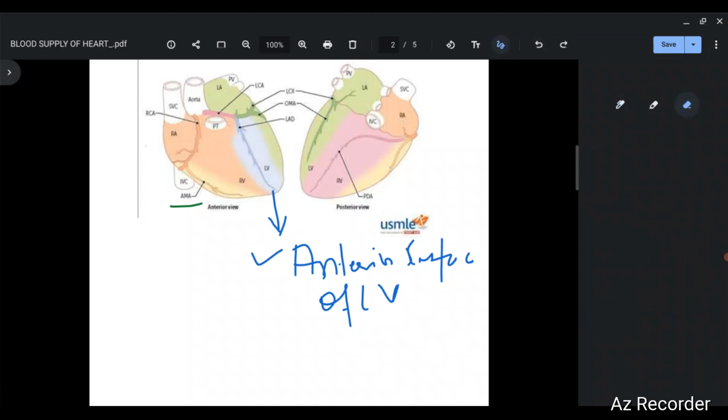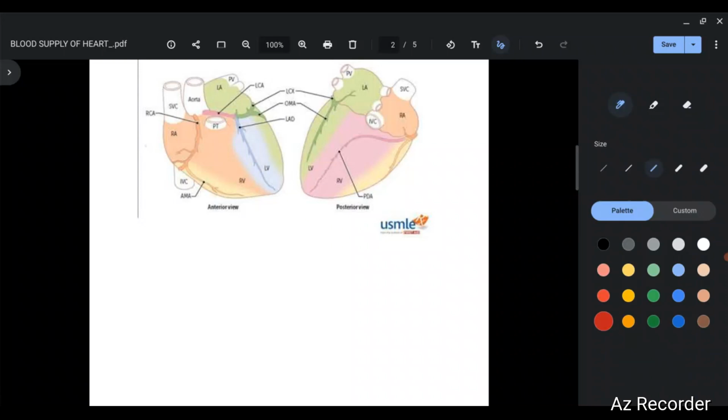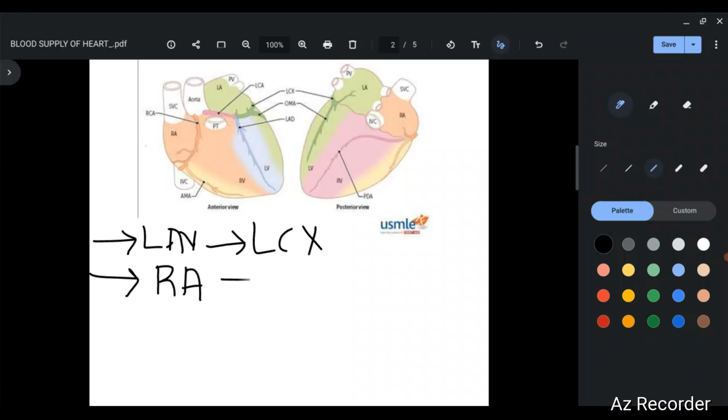Amazing. Now answer some of my questions. Which artery lies in your left atrioventricular groove? Yes, it's your left circumflex artery. What's the area of supply of the left circumflex artery? It's your left atrium, both anteriorly and posteriorly. Which artery supplies your right atrium, both anteriorly and posteriorly? It's your right coronary artery.